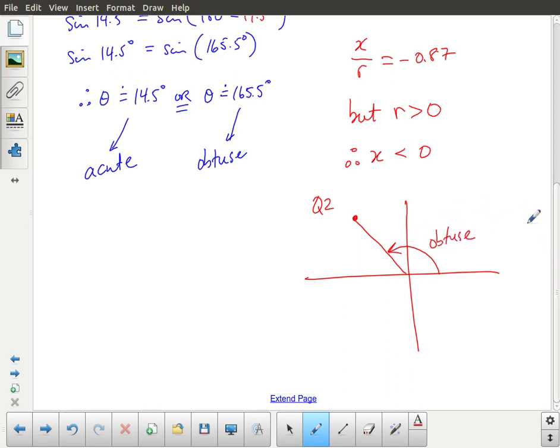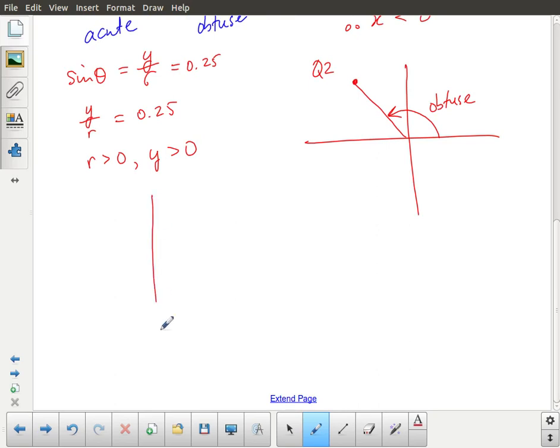Now that I have explained that for cosine, bring that back over here for sine. Sine theta is equal to y over r. In this case it was sine theta equals 0.25. So that means that y over r must be 0.25. R is greater than 0. So if r is positive, what can we say about y if we ended up with a positive ratio? Y must also be positive. Well, what does it mean for the y coordinate to be positive?